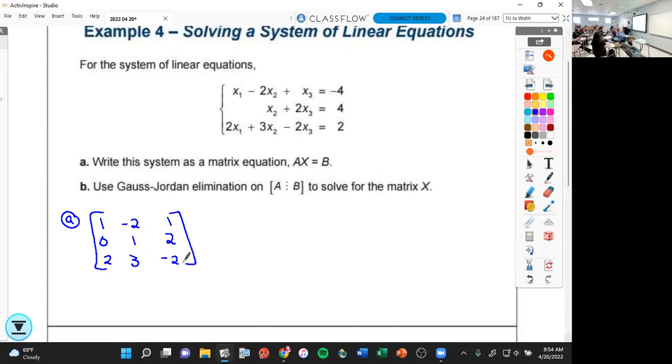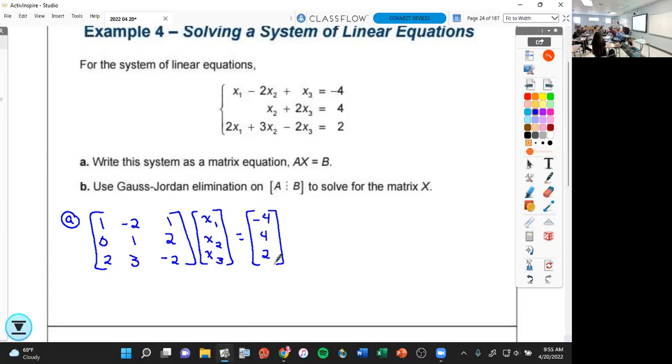Okay, so that represents my coefficient matrix. X represents my variables. My variable matrix would be X sub 1, X sub 2, X sub 3, or X, Y, Z, whatever they happen to be. Equals my constant matrix. There you go. That's part A. I have written this as a matrix equation.